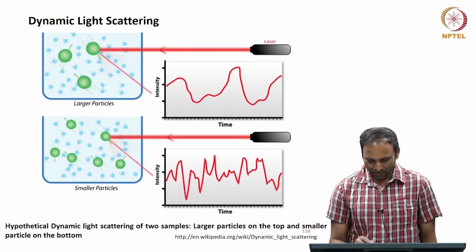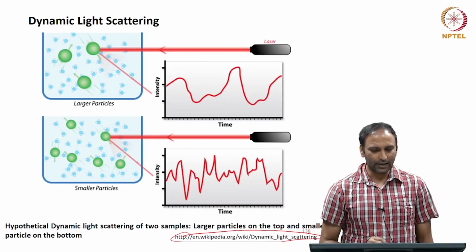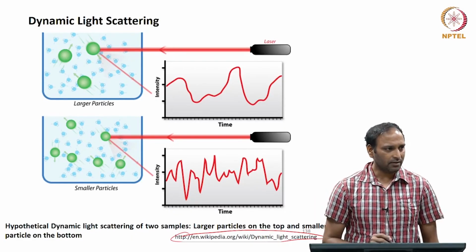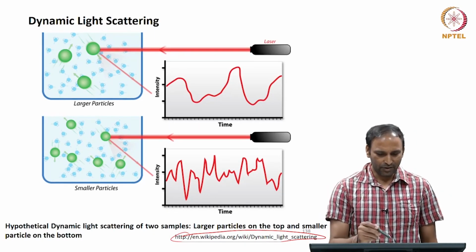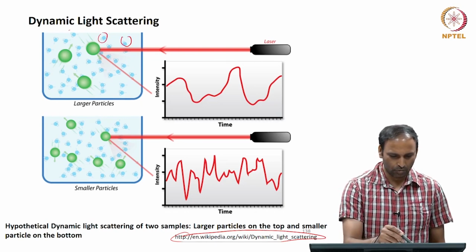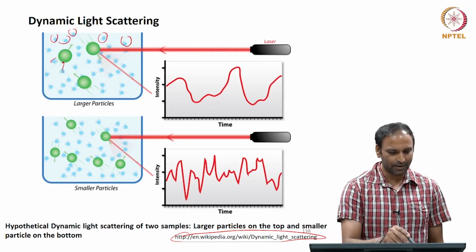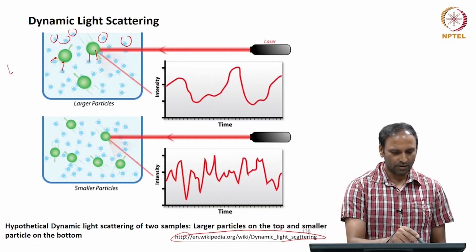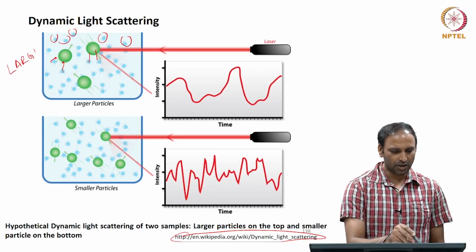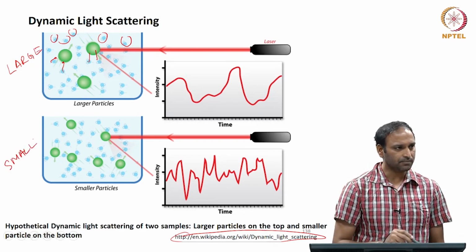Again, I have taken this example from this source. What you are looking at is a schematic where these are all water molecules, and they are essentially bombarding the particle. This is a large particle, this is a small particle.